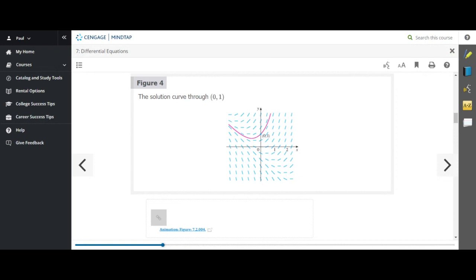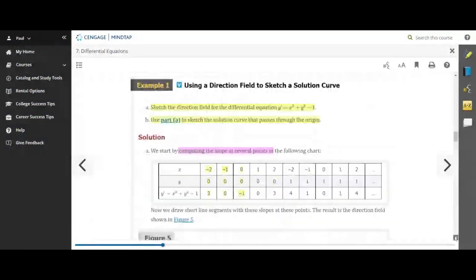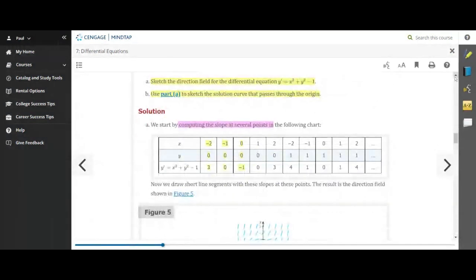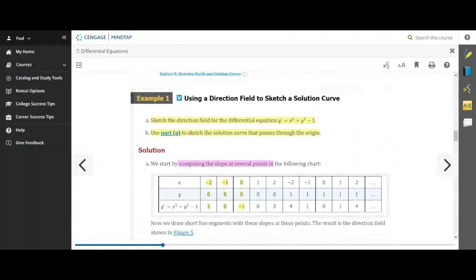Okay, let's look a little bit more here. Let's go down a little bit. So in example 1, for instance, they say sketch the direction field for this differential equation, y prime equals x squared plus y squared equals 1.